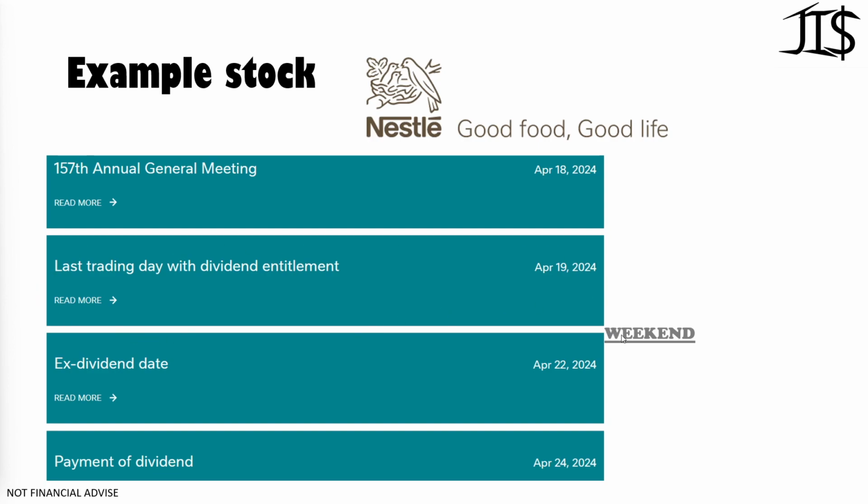Then you have the weekend, and then the ex-dividend date is actually on Monday. So if you own the stock at the end of the trading day on the 19th of April, you will be entitled to receive the dividend, and the dividend will then be paid out on the 24th of April.